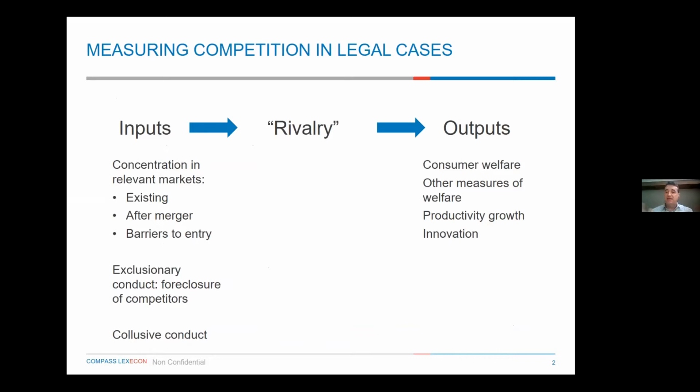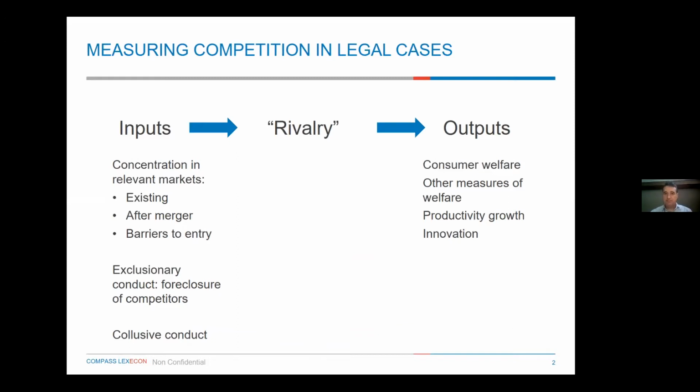You could think of that as being this machine, this process, which takes a bunch of inputs, which will be facts relevant to the case, and then churns away and then produces some outputs. And the outputs are things we would expect to be good for consumers. This process is a process of what I'm calling rivalry here, and at the heart of it is competition. But we often don't measure that directly. What we do instead is we look at the inputs and outputs.